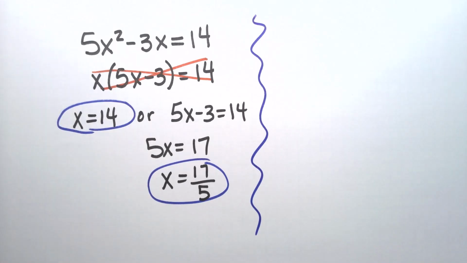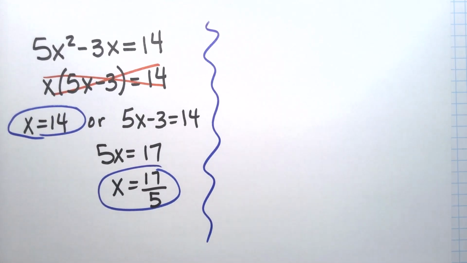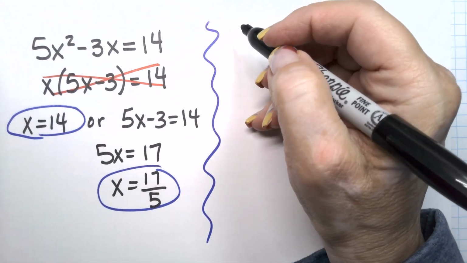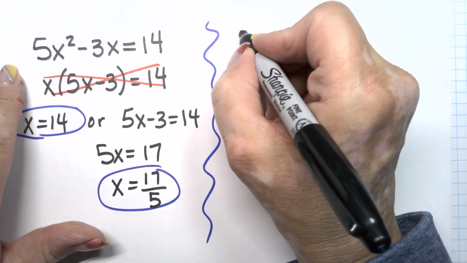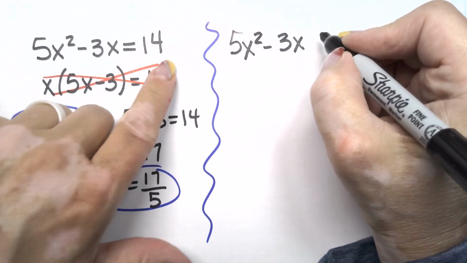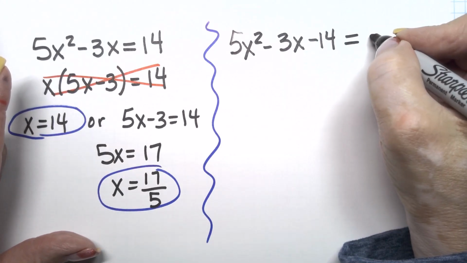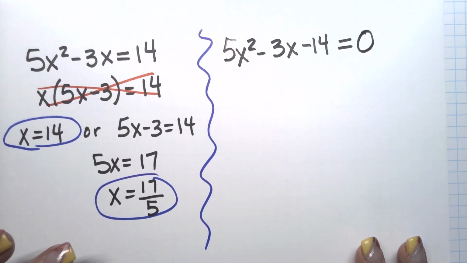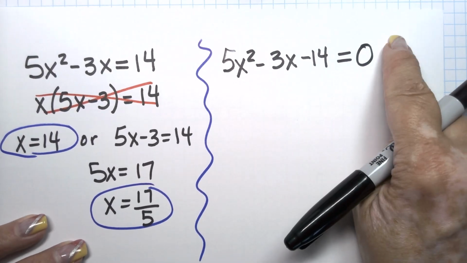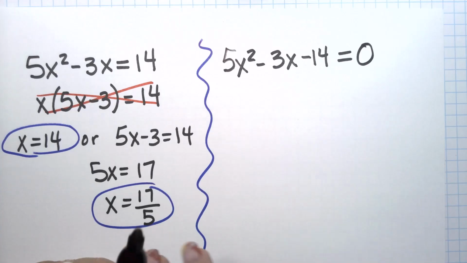And this time, we'll do it the way you're supposed to do it, where you set it equal to 0. So I'm going to have to rewrite this as 5x squared minus 3x, subtract the 14 from both sides, and you get a 0. Now if you need to review factoring, the way I like to factor is using the AC method.